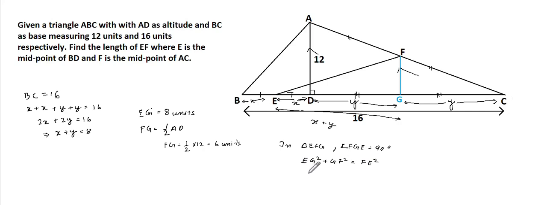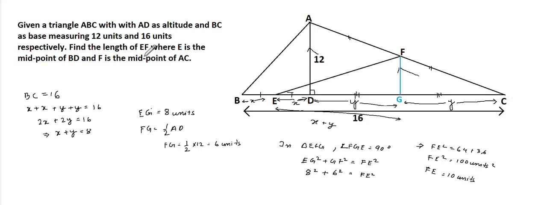So EG, as we have already found out, is 8 units, so let's substitute that value here, which is 8 square. Then GF is 6 square, and it comes out to be FE square, which was our intent, as we had to find EF. So FE square is equal to 64 plus 36, which turns out to be 100 units square, and hence FE is equal to 10 units.